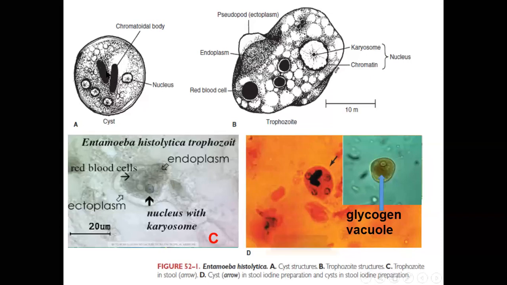You can see here the cyst with these chromatoid bodies. The trophozoite: these are the pseudopods, الأرجل الكاذبة.